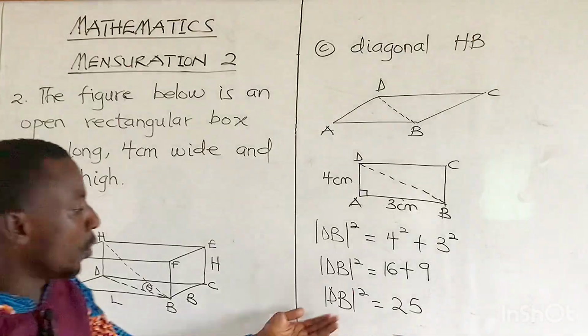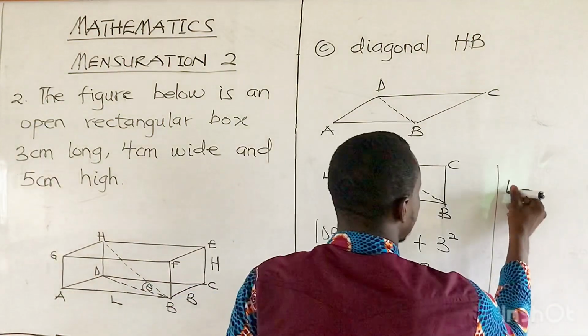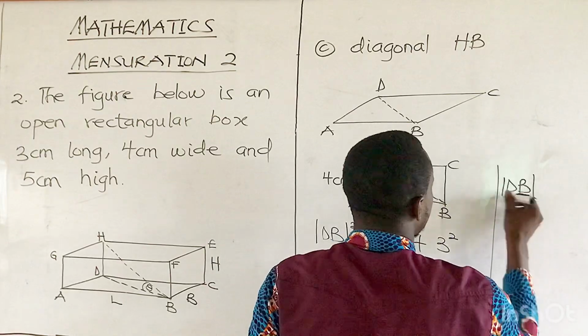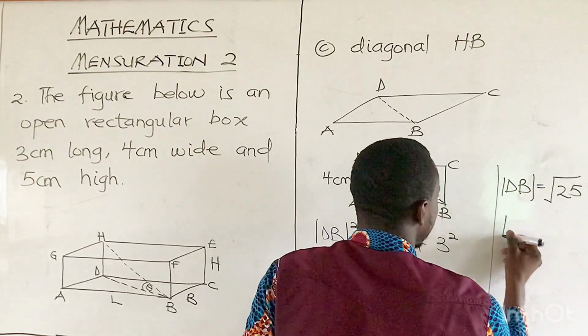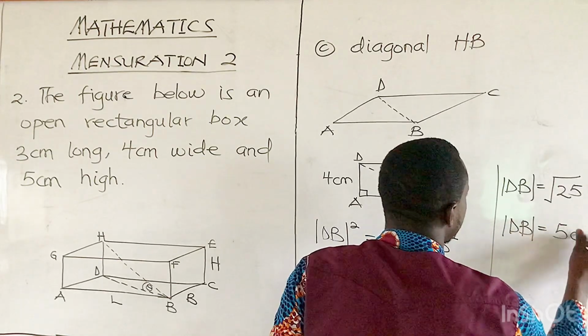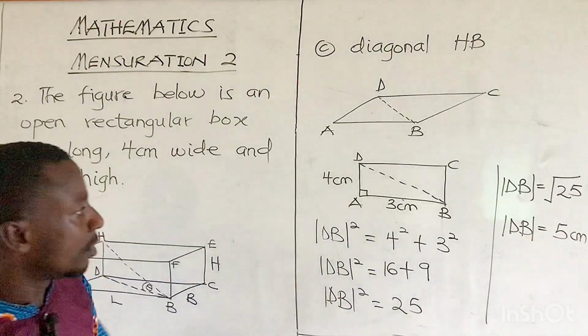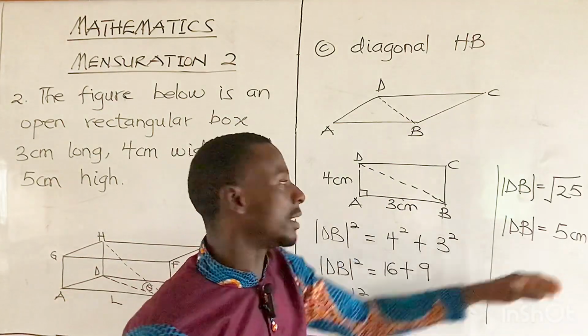Now, if we want to find DB, so DB is going to be the square root of 25. Then DB is equal to 5 centimeters. So the distance DB is 5 centimeters.